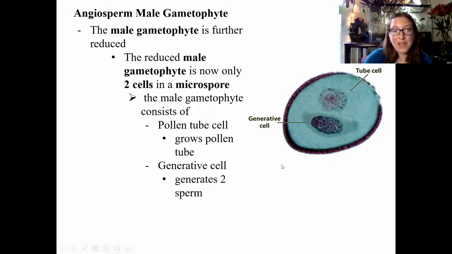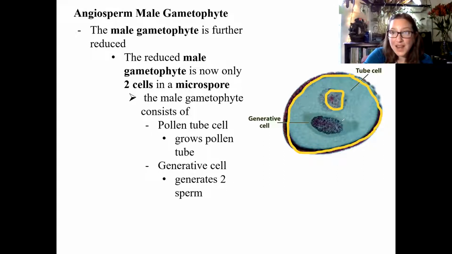The male gametophyte plant now consists of a pollen tube cell. So this whole thing is a pollen tube cell. This is the nucleus of the pollen tube cell. And inside of that cell is this other cell that's called a generative cell.